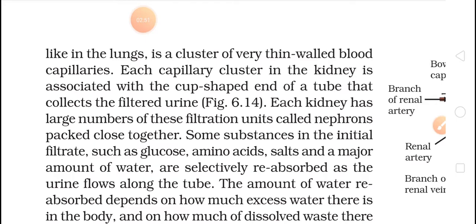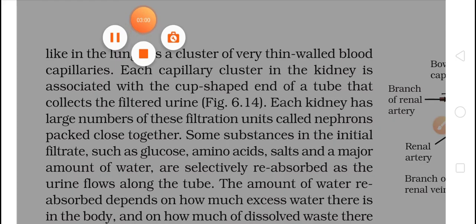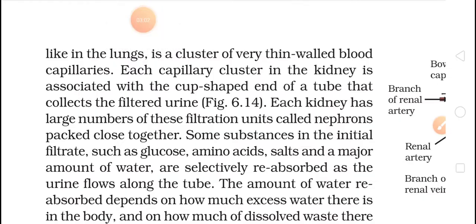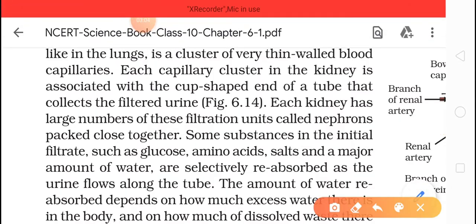Each kidney has a large number of these filtration units called nephrons packed closely together. Okay, so this we have done. Okay, so what is present? We have nephrons, which are the structural and functional unit of the kidney, where exactly the filtration is taking place.